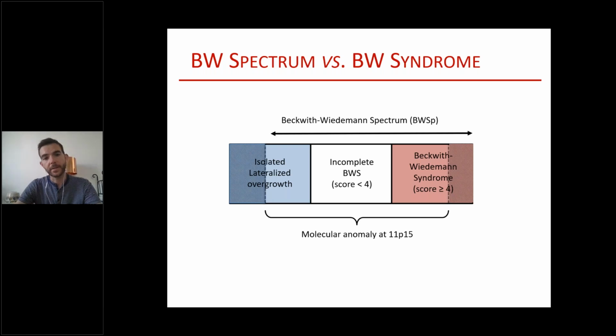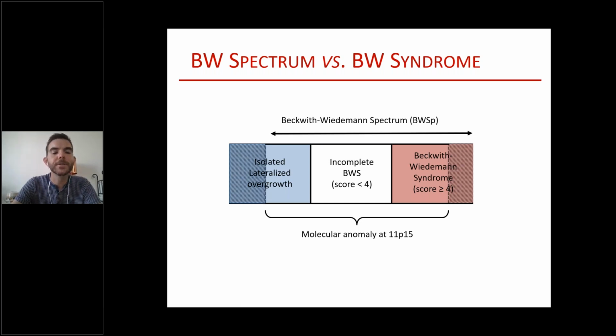So we introduced the definition of what is now called Beckwith Wiedemann spectrum. We kept the definition of BW syndrome for those patients with a clinical score of 4 points or more, meaning that BWS is now kept for the patient with a classical clinical presentation.